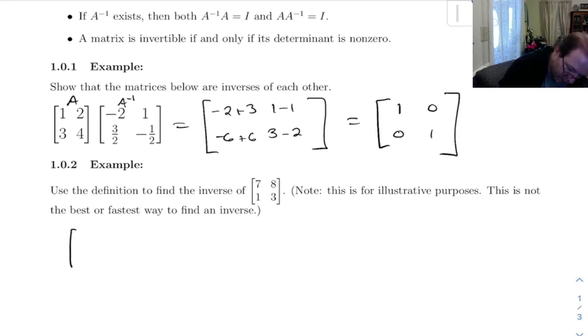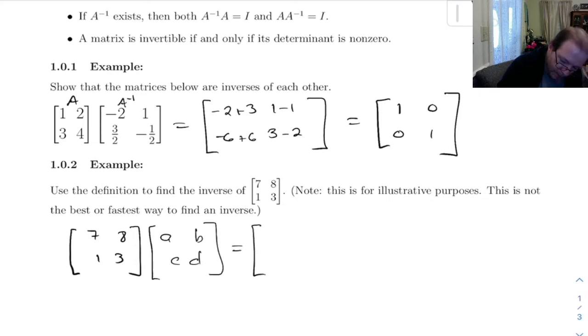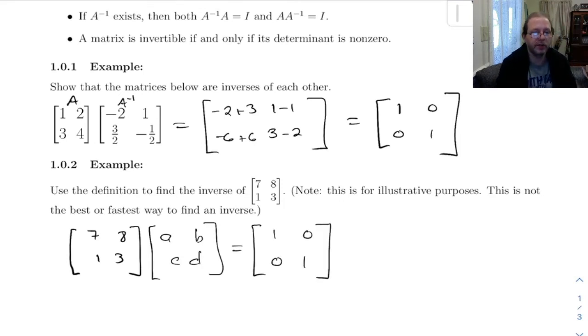Here's what we know. If I take 7, 8, 1, 3 and multiply it by A, B, C, D, we get the inverse. So basically, I'm setting this matrix right here up to be the inverse.